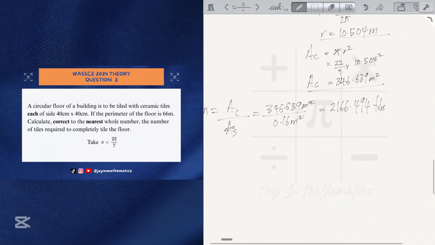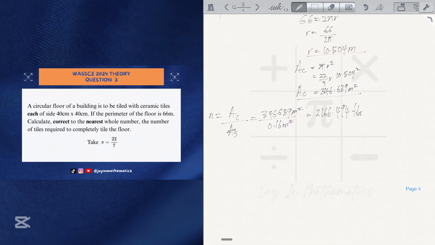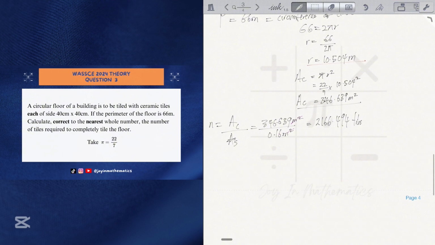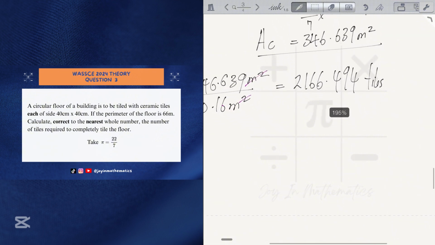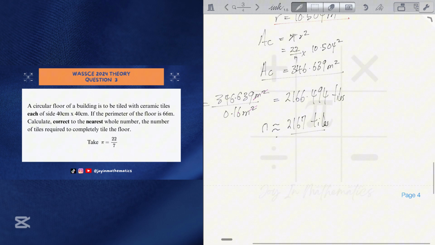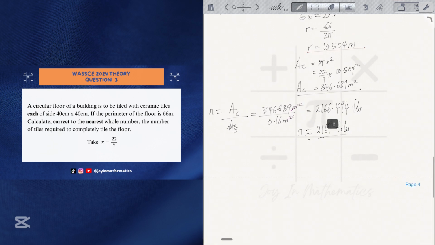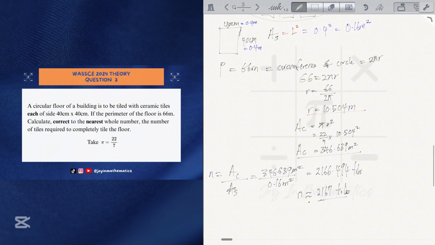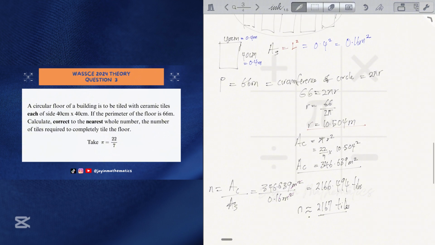Now if we go back to the question, it says calculate to the nearest whole number. So this will be approximated to 2167 tiles. So we are going to require 2167 tiles to complete the circular floor.